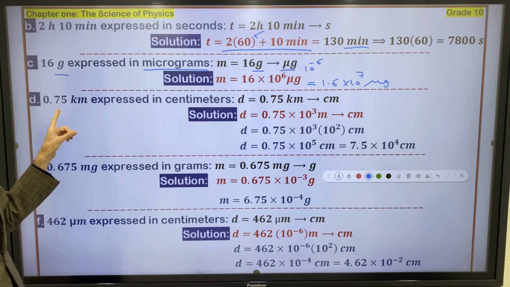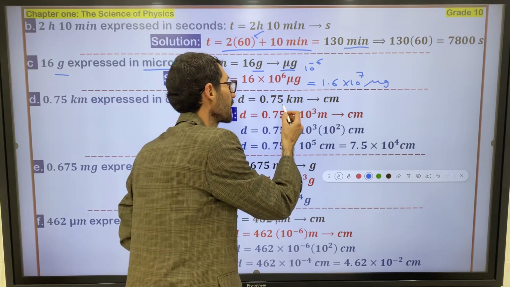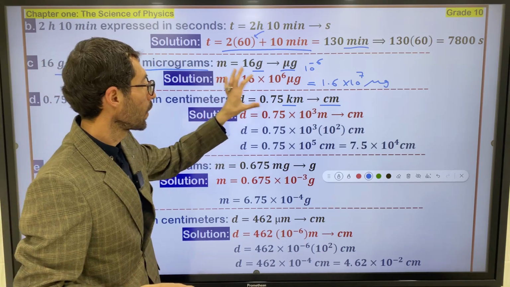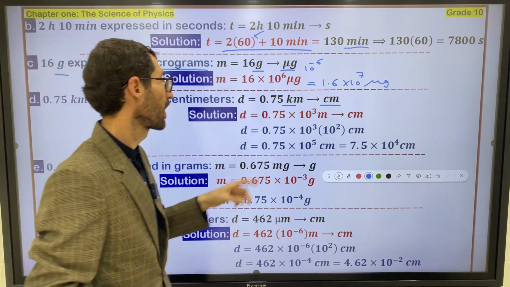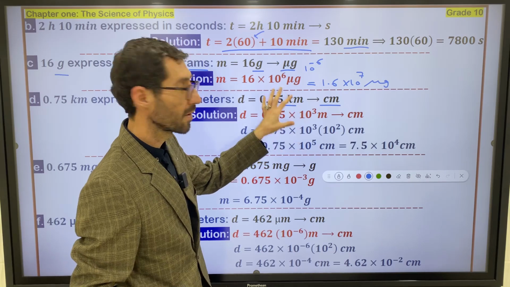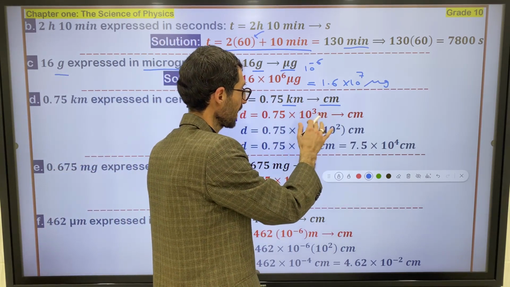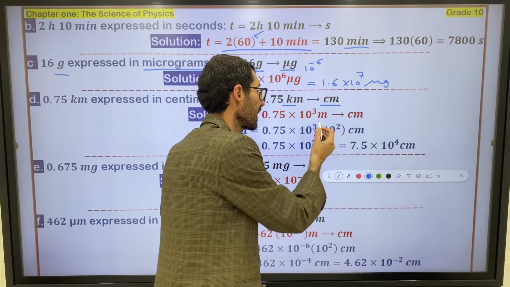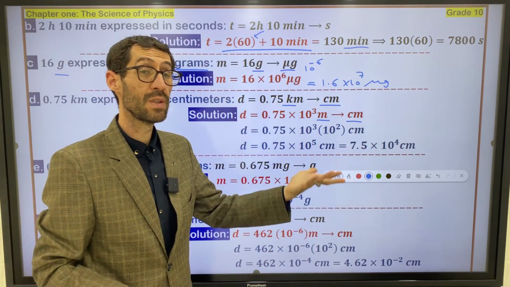D, 0.75 kilometers expressed in centimeter. Kilometers to centimeters, right? So 0.75 is a fixed number. Kilo means 10 to the power 3, right? Just write the value of kilo, 10 to the power 3. And this is the first step. Meter to centimeter. Right now, we want to convert meter to centimeter from larger to smaller.